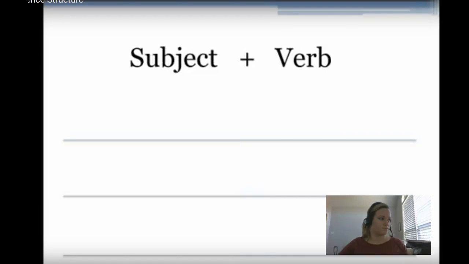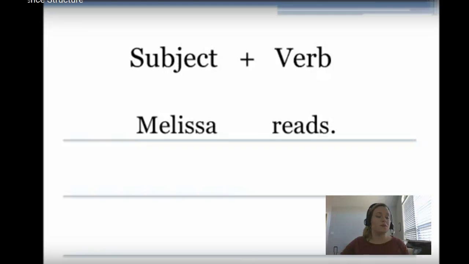This structure does not have an object. For example, Melissa reads. Melissa is the subject. Reads is the verb. So what she's trying to say here is we can have very simple and short sentences. Obviously, that tells you everything you need to know. But as we are writing essays, we understand that we have to use various sentence structures.